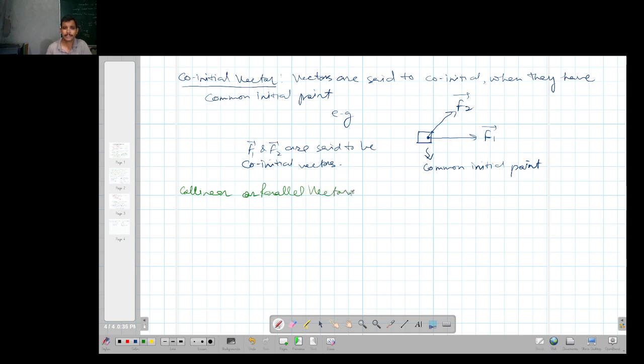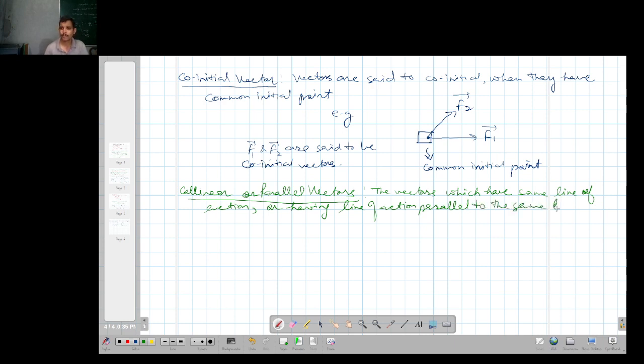So those vectors which have the same line of action, or having line of action parallel to the same line, are called collinear vectors.